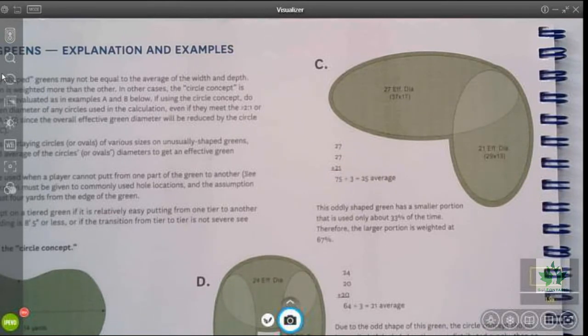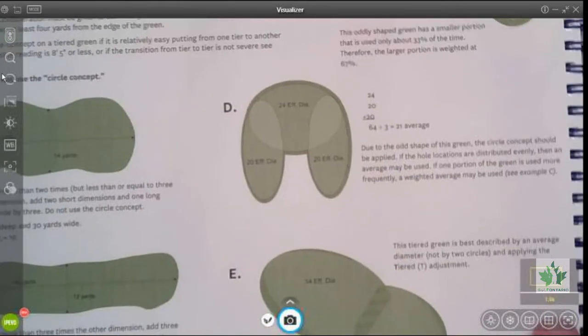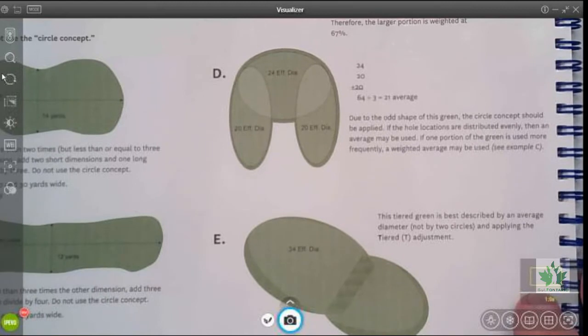The interesting one, though, is just because a green is tiered, this comes up from time to time. Just because a green is tiered, you might be tempted to say, well, because of the tier here, there's not going to be any pins on the tier. So this is like having two greens. It's like having one here and one here. But the guidance you get on this one is that it's best described as having an average diameter.